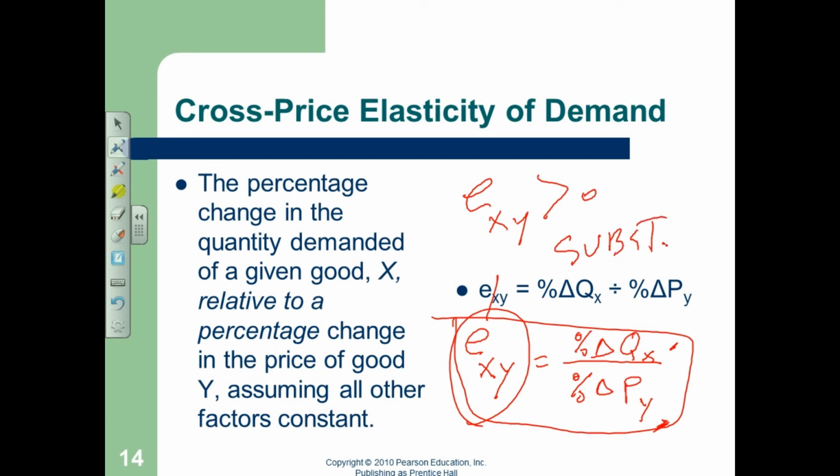Substitute goods. The two goods are substitutes for each other, right? The higher the positive value, the closer substitutes these products are to each other.